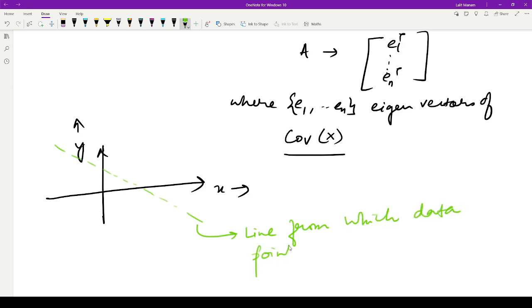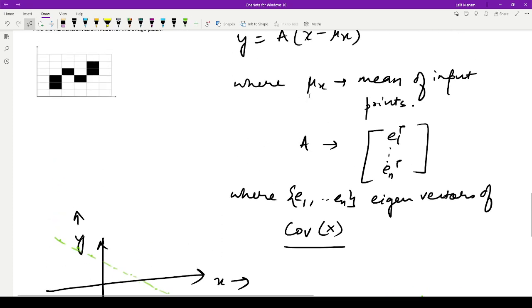Okay, so the setup is clear, right? So given this line, we'll sample some specific points on this line, and then you would like to do what?